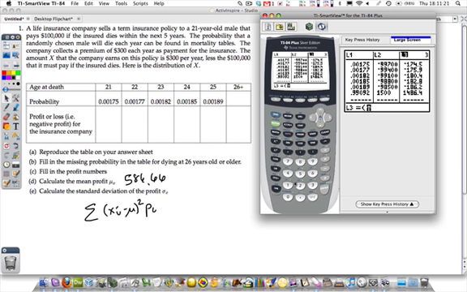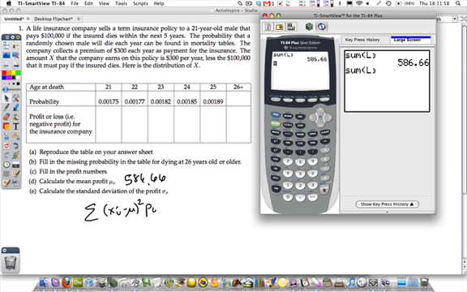The xi's are in list 2, minus the mean 586.66, squared, times the probabilities, and the probabilities are in L1. So I'm going to put a times in there, times L1. Do all of that, and it figured out all of those components of variance. All I've got to do now is add up L3 again.